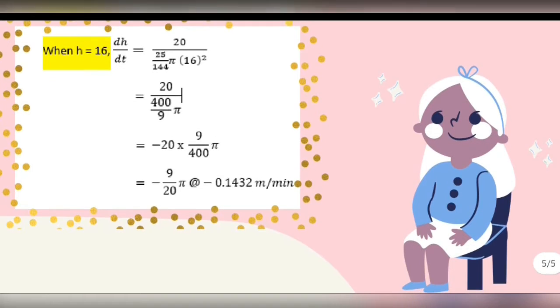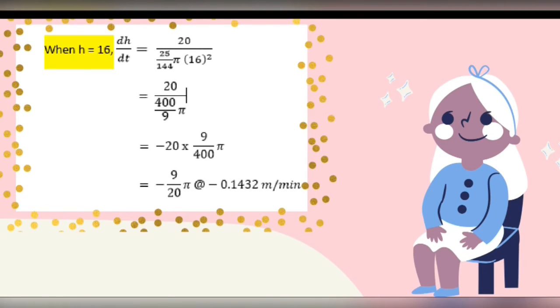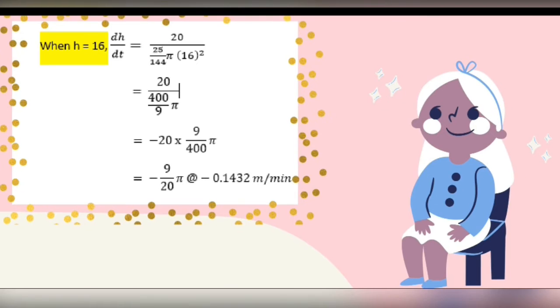So we replace h with 16 and we will get negative 9 over 20 pi, or negative 0.1432 meters per minute.